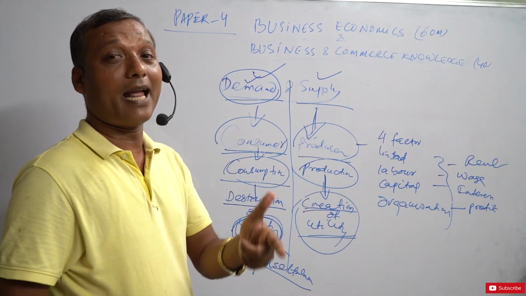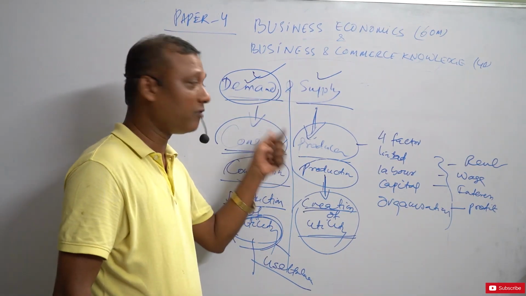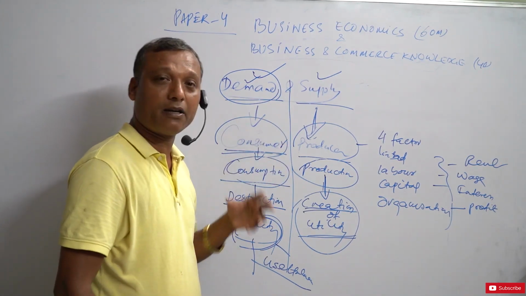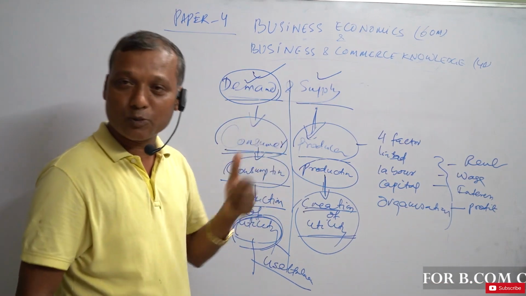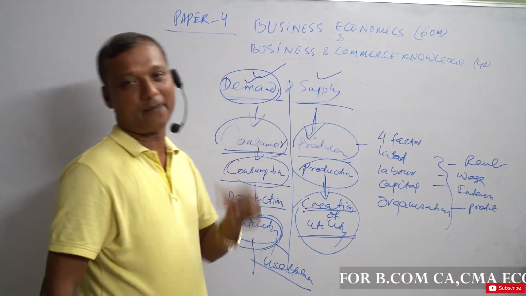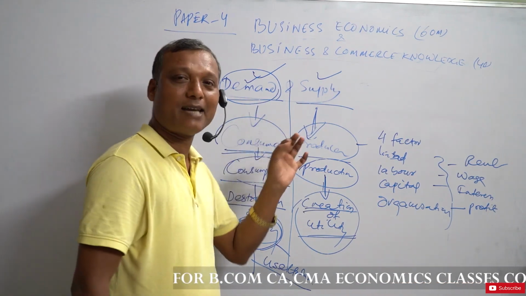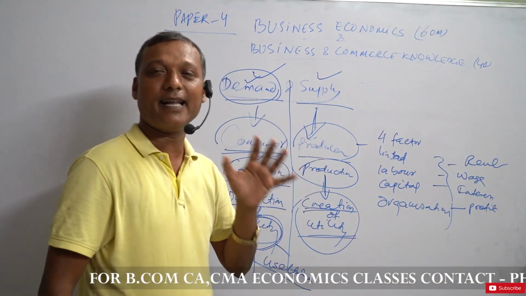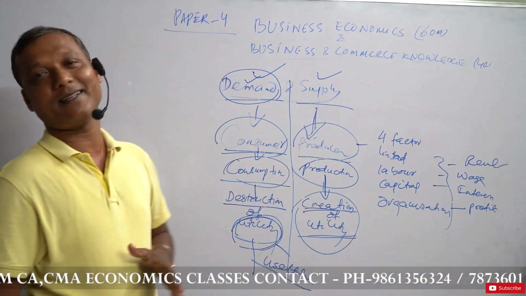But at that time, demand cannot be fulfilled. Demand is subject to fulfillment. Demand can become practical when you have the willingness to pay and capacity to pay. So we can write, demand refers to desire for a commodity when it is backed by willingness to pay and capacity to pay.